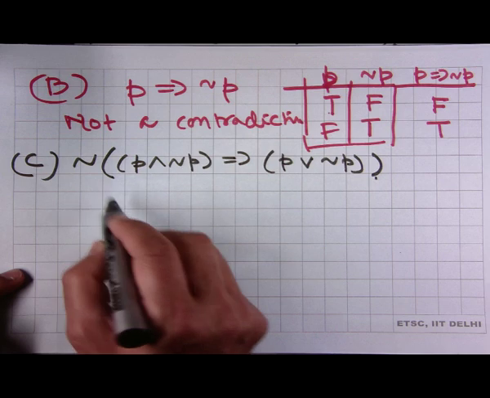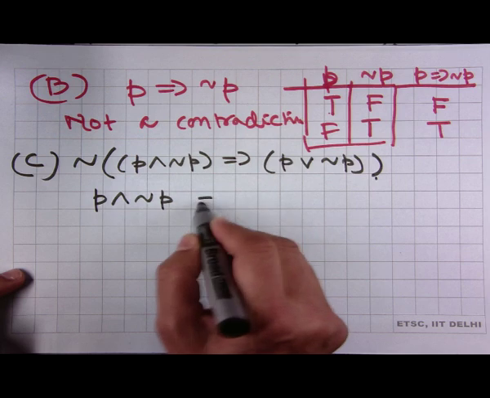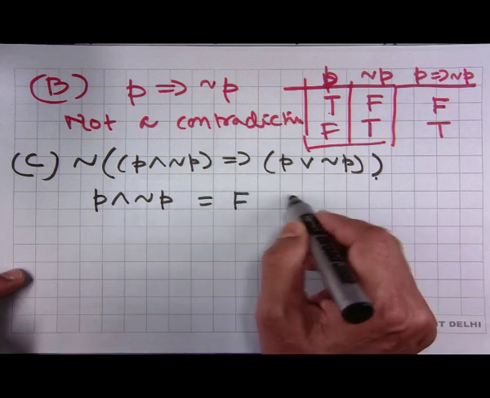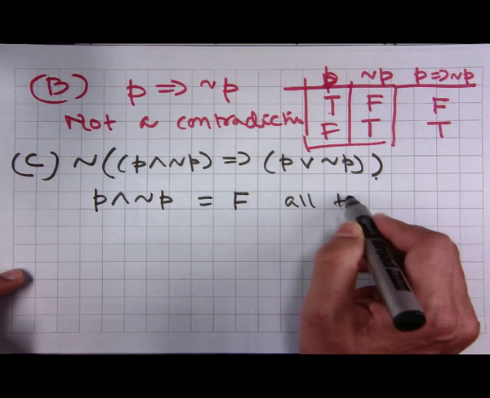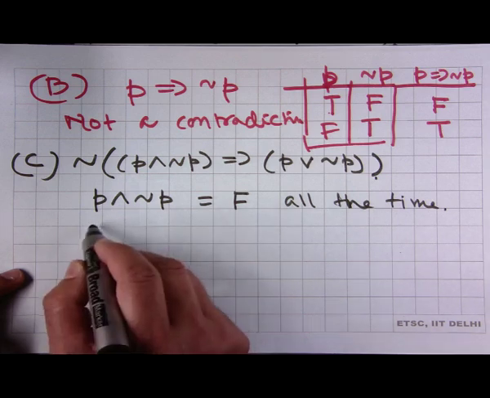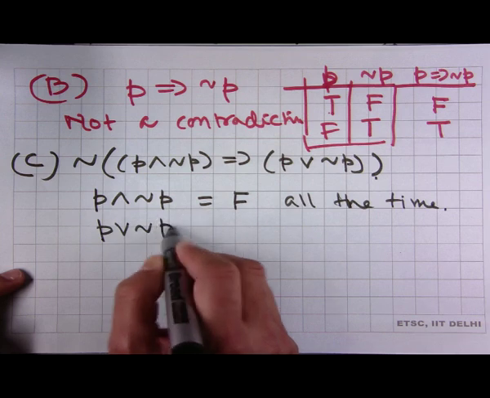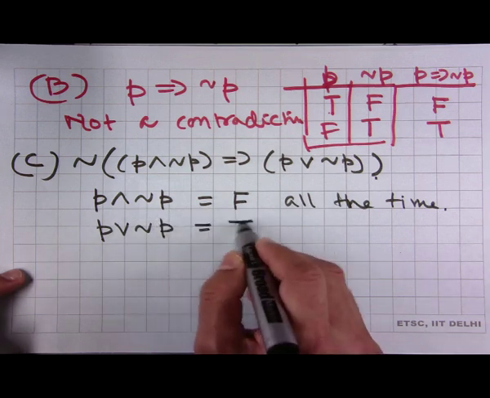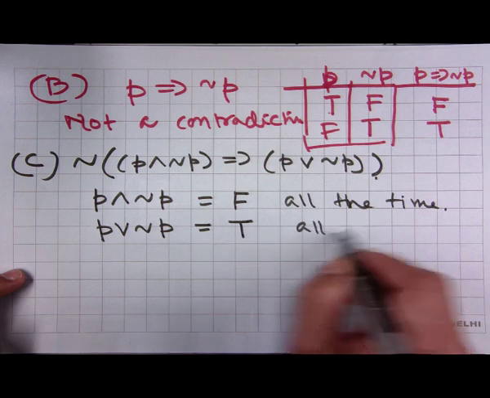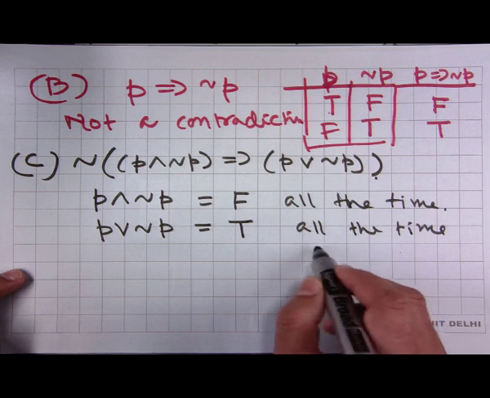We know that P and not P is false all the time. And P or not P is a tautology which is true all the time, right?